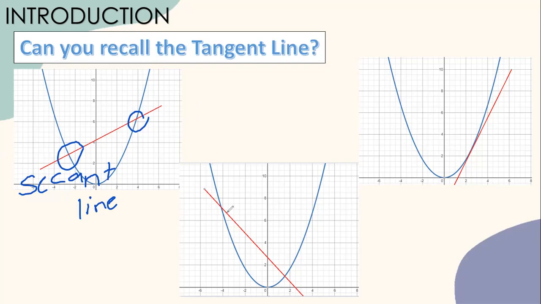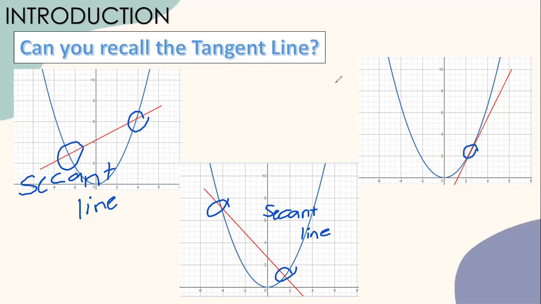So for our second graph, again, it intersects the curve at 2 points also. So again, this is also a secant line. So for our third one, as we can see, the red line touches the curve at only one point.